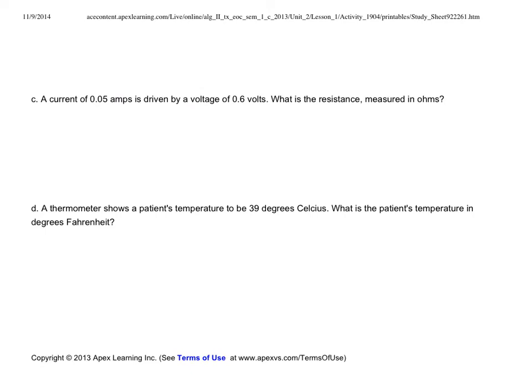Part C says that a current of 0.05 amps is driven by a voltage of 0.6 volts. What is the resistance measured in ohms? Well, there's a formula from physics or chemistry that says that our voltage is equal to our current, which is described by the letter I, times our resistance.